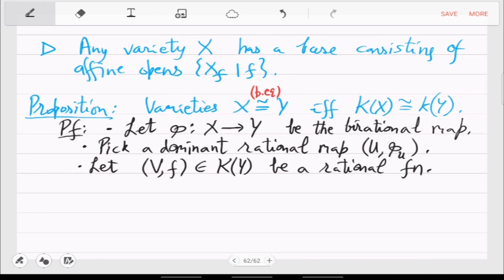Now what you want is the reverse arrow, right? So going from X to Y, you want to go from K(Y) to K(X), so you want to pull this back. You want to pull back V, f on X now.